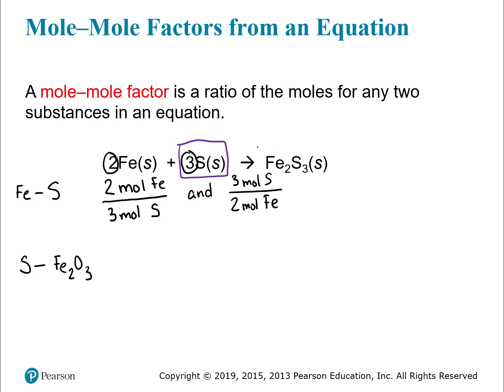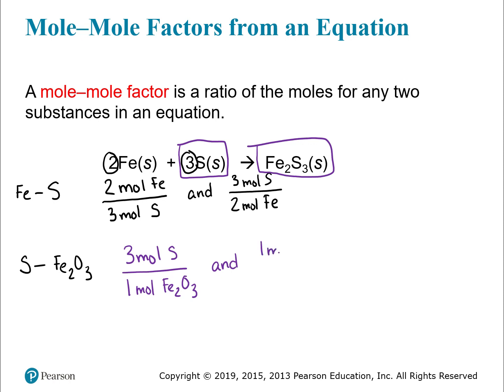Thank you. So we could write 3 moles of sulfur for 1 mole of iron 3 sulfide. And then we can flip that over.